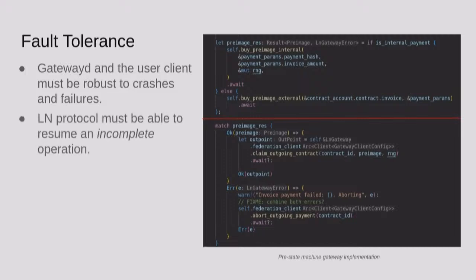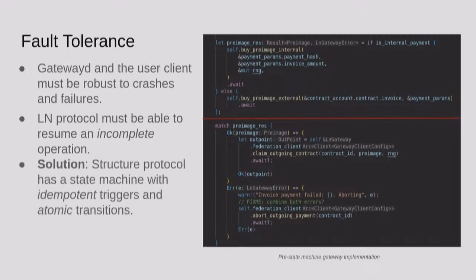So the lesson is that the protocol on the client side and on the gateway side must be able to resume these incomplete operations. If you've done one thing and you crash, it needs to be smart enough to reboot and resume the operation.